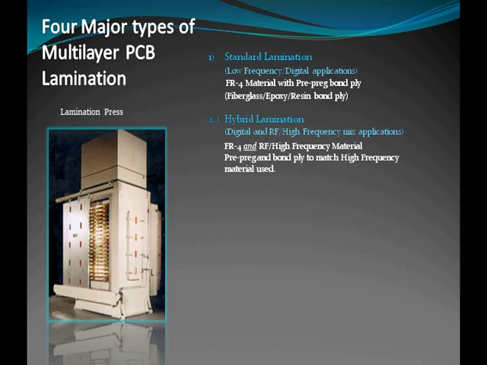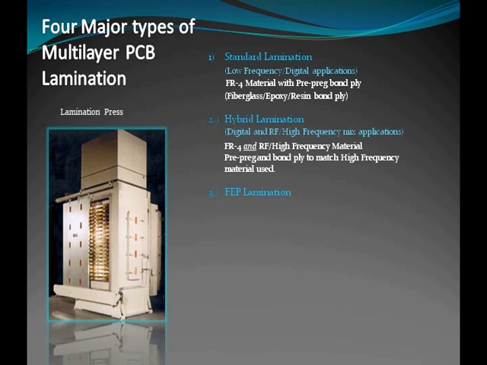RF laminate is more costly than FR4 and more challenging to use. By using the high-frequency material and bond ply on a limited number of specified layers rather than the entire board, the cost is effectively lowered while increasing performance over standard material and lamination.